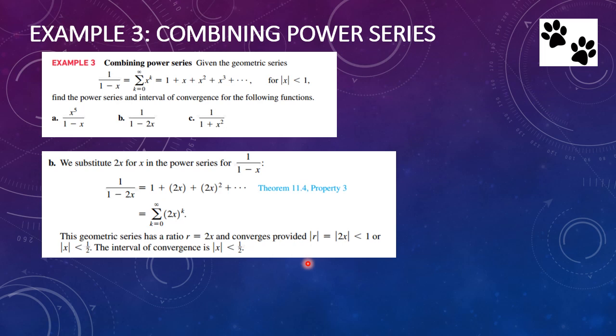Finally, in the last series, we see again a composite function, right? Where before we had negative x, now we have negative x squared. We had 1 minus x, now we have 1 plus x squared. So if this is f of x, this is f of negative x squared.